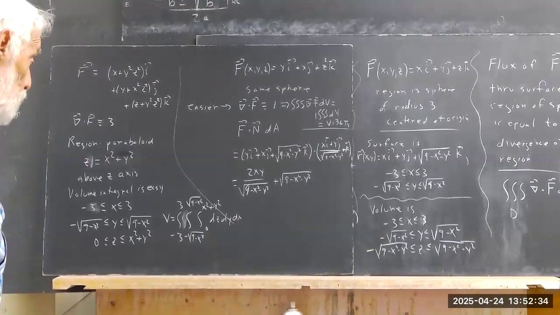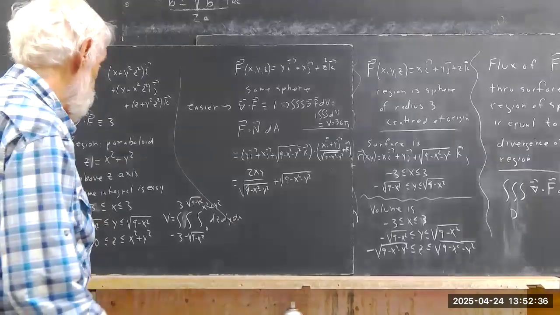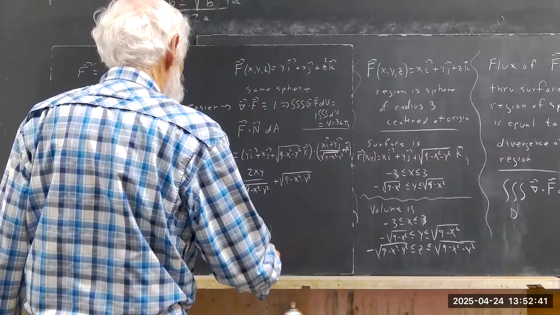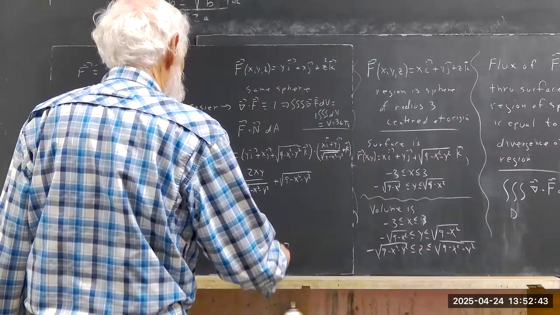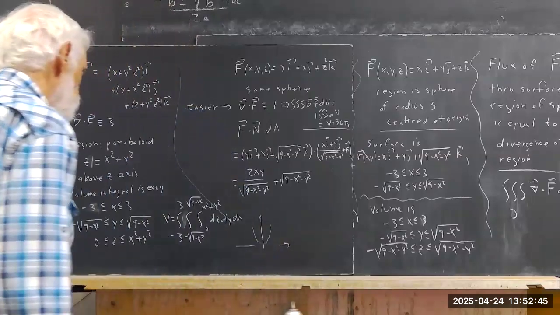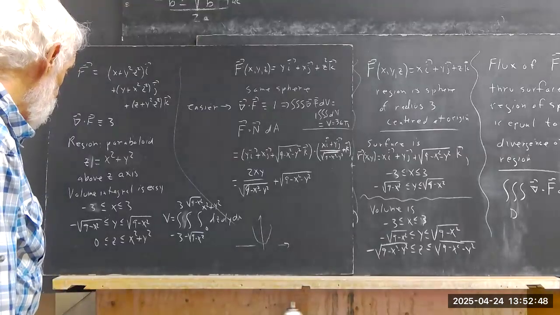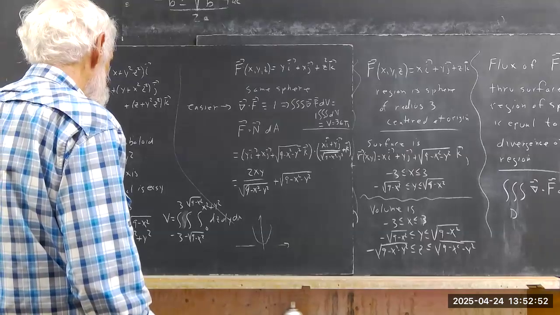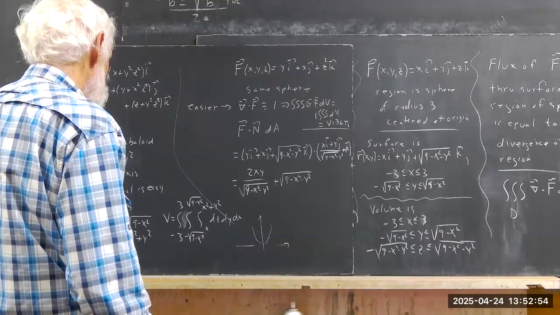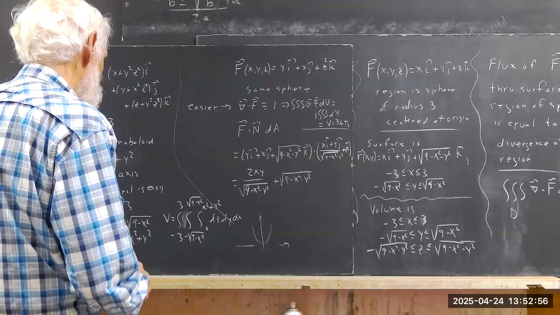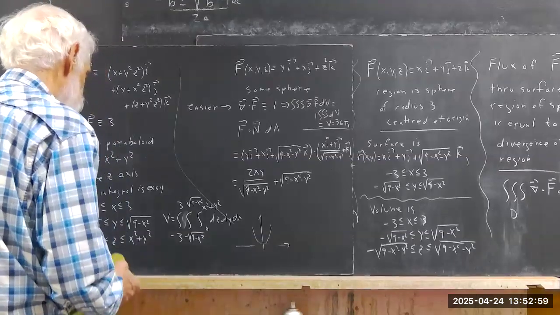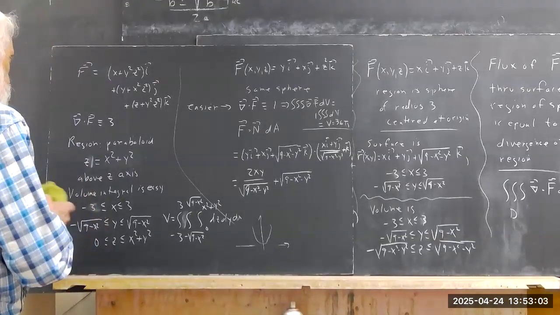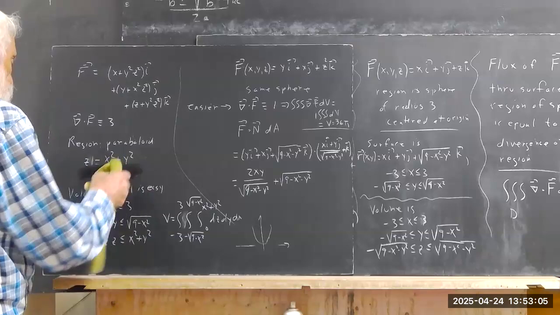Okay. Another way you can integrate that is by cross section. A paraboloid looks like this, where it actually, the paraboloid is not above the z-axis.